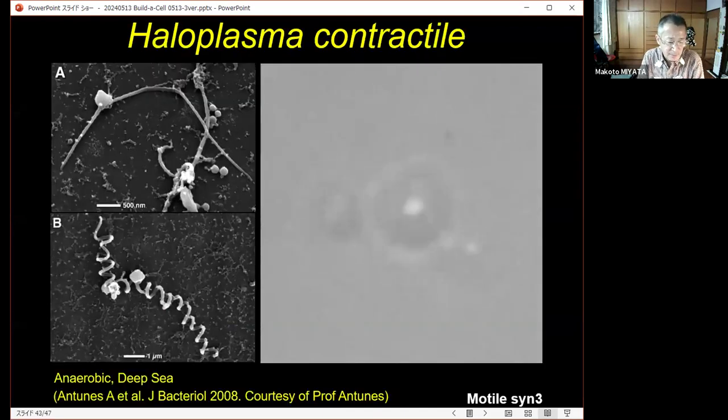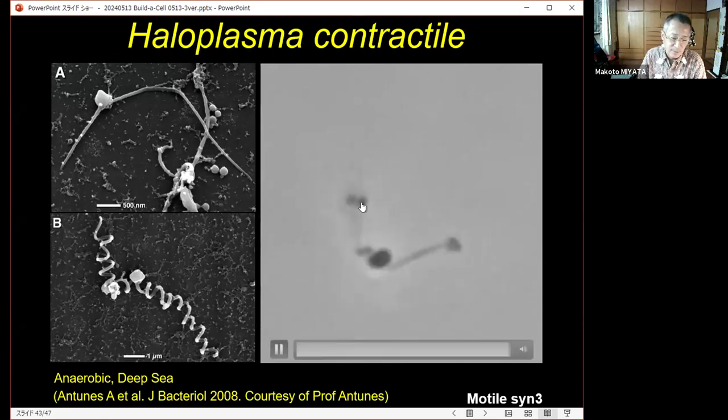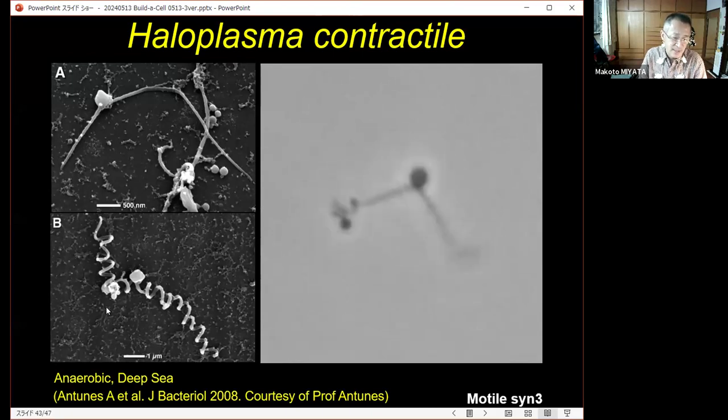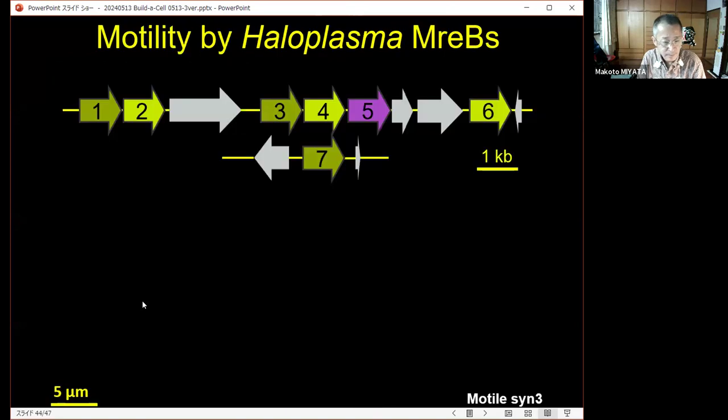Haloplasma was isolated in 2008, and it's an anaerobic deep-sea bacterium. We can see a moving video like that, and here are the same images. We determined the genome and concluded that 7 MreB proteins are coded on the genome of Haloplasma.